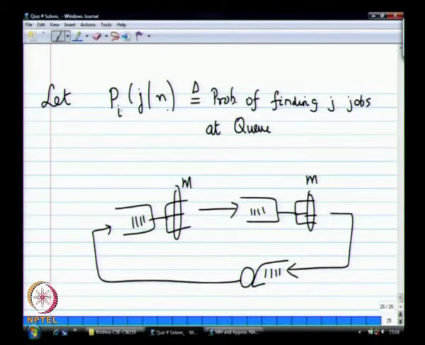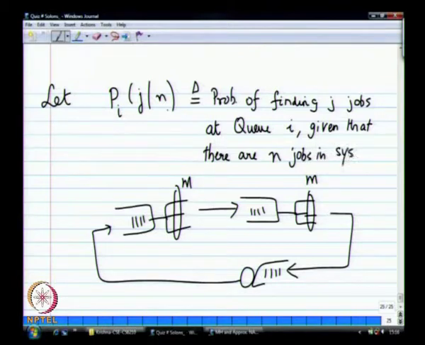So P_i(j | n) is the probability of finding j jobs at Q_i, given that there are n jobs in the system. Again this is for a closed queuing network.